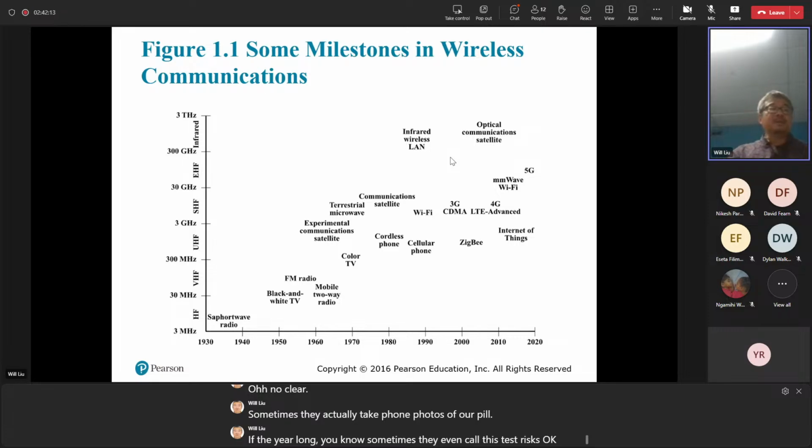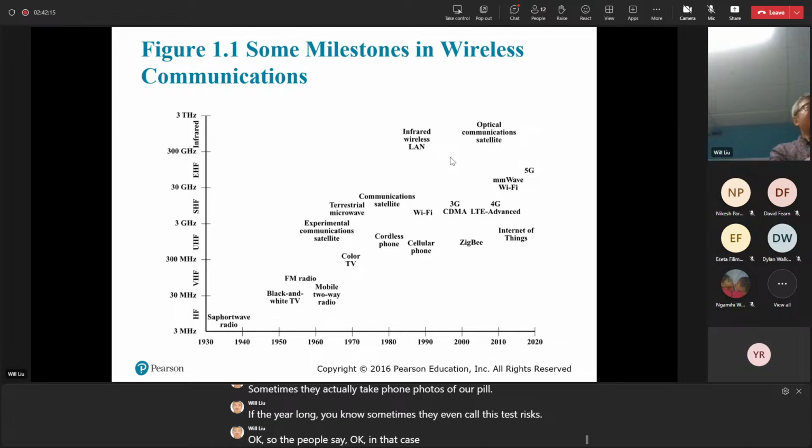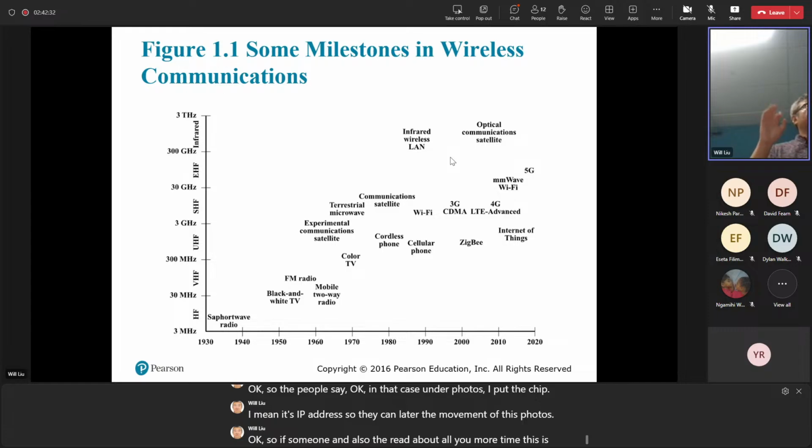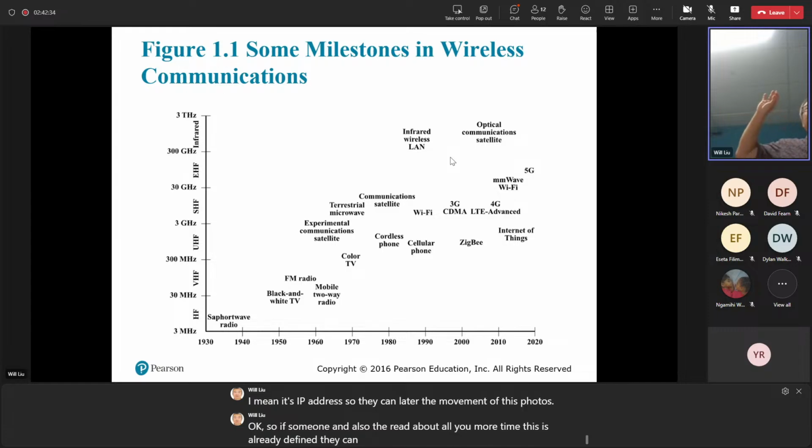So the people say, okay, in that case, under each bottle, I put a chip. I mean, an IP address. So they can measure the movement of these bottles. The right bottle at what time is already defined, and they can put that in the expert system or the server.